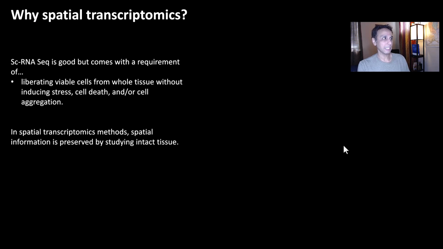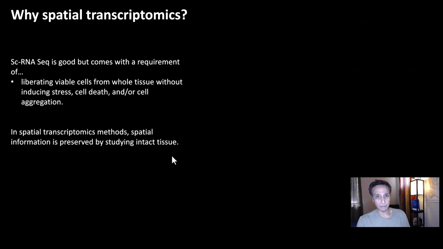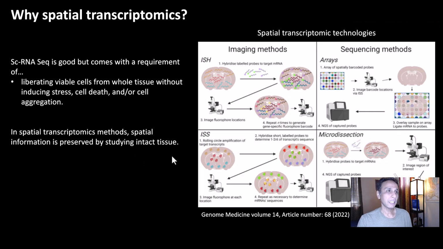People are doing this with scRNA-seq, but in spatial transcriptomics methods, the spatial information is preserved because we are studying an intact tissue in most cases. So that's the advantage of spatial transcriptomics.